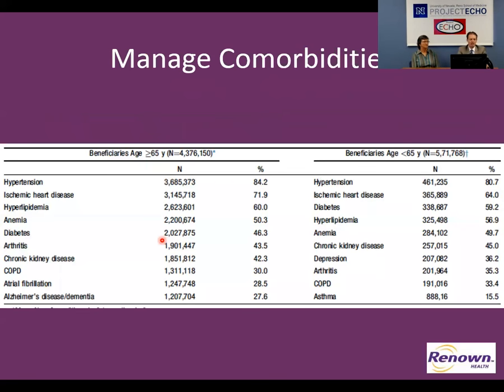So comorbidities. I mean, if it's all about comorbidities, we've got to know what they have. And so if you have a younger patient under 65 with heart failure with preserved ejection fraction, these are their most common comorbidities. I will say that when it comes to anemia, for various reasons, it can be somewhat difficult, if they have iron deficiency anemia, to get their iron stores up, especially with just regular old oral iron that we often use.